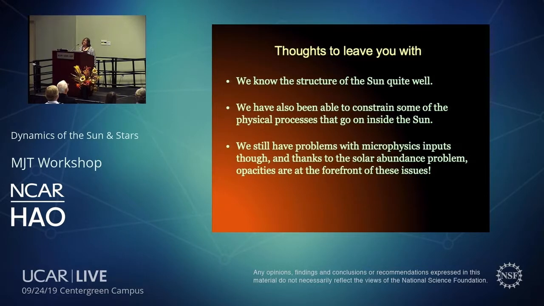And of course, these are microphysics, so diffusion: what are the diffusion coefficients like? Even in the conditions of the sun, do we know the diffusion coefficients properly? It's assumed it's a 10% error, who knows? And also, does radiative levitation play any role in a star as cool as the sun? So those are the problems that we are tackling with structure inversions right now, and so stay tuned. Thank you very much.